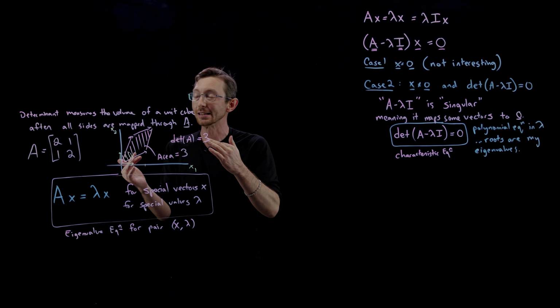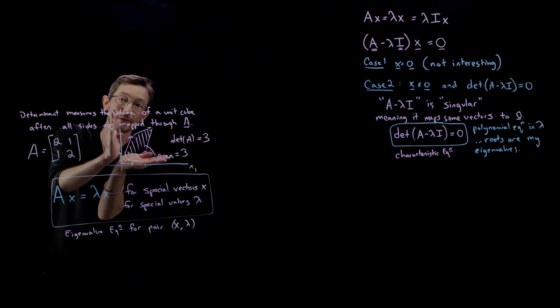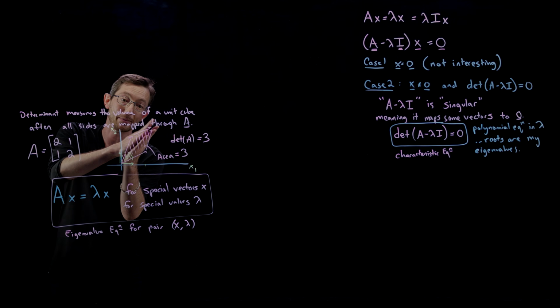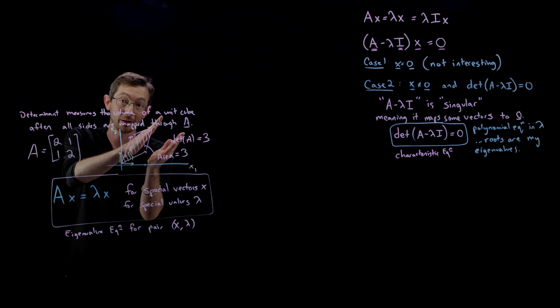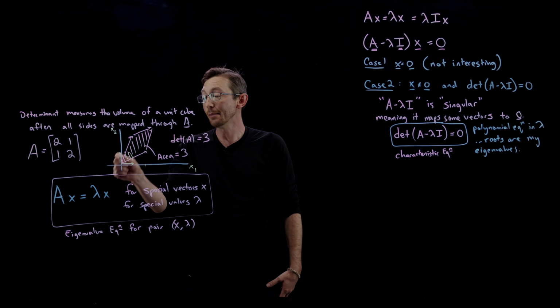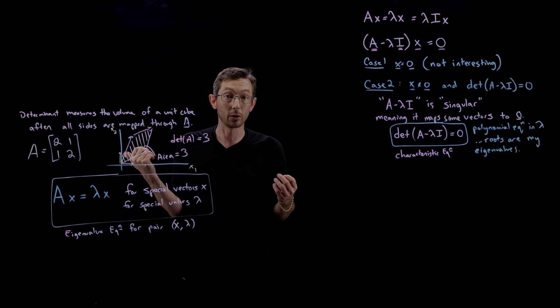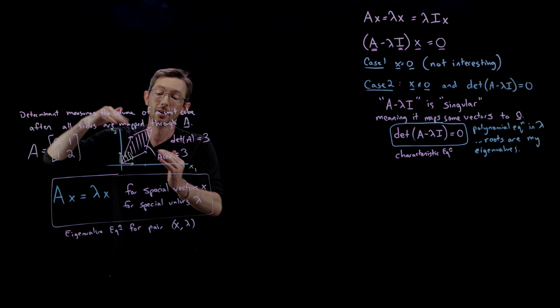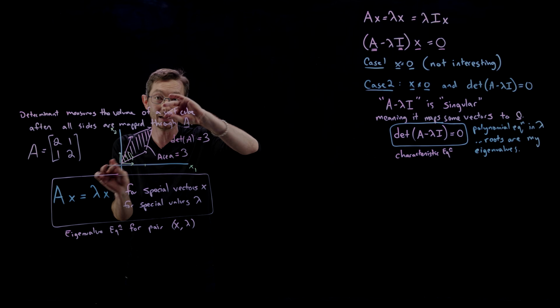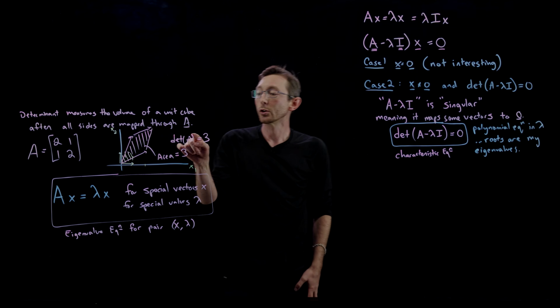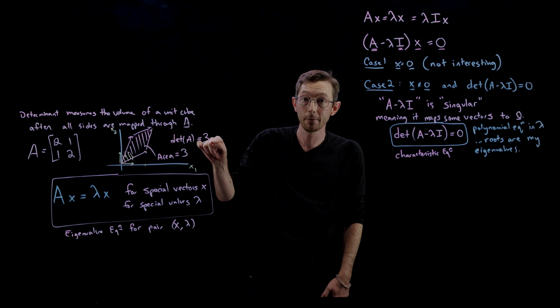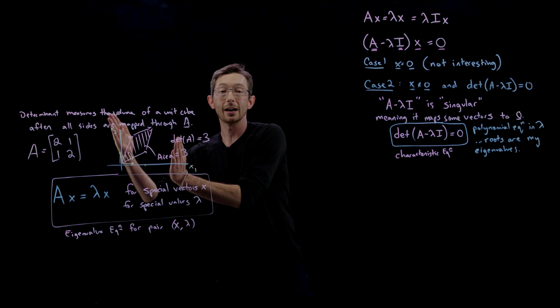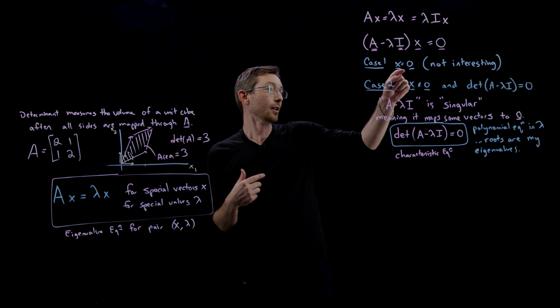And what that means is that the only way this two-dimensional space can map into a one-dimensional space with 0 area is if there is some direction that maps to the origin, that maps to 0. That means there's some direction that's getting collapsed and smushed out to give this 0 area. So when my determinant is 0, that means that there are some directions that are being obliterated.